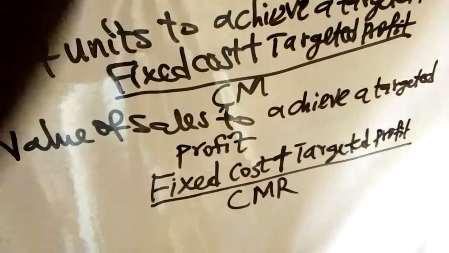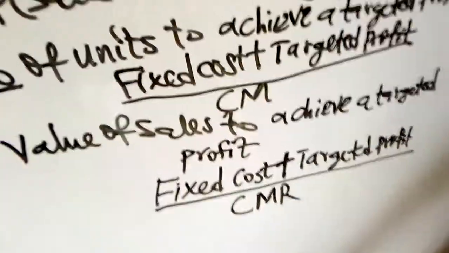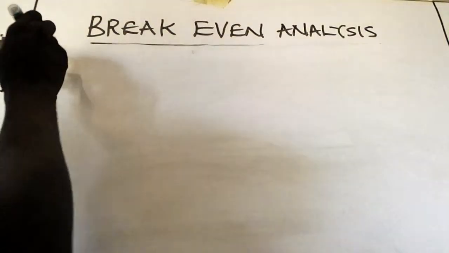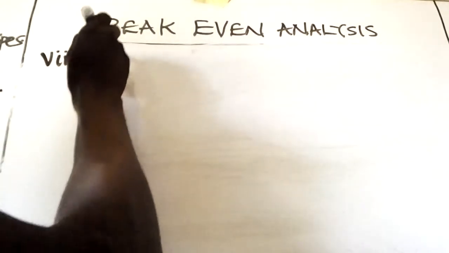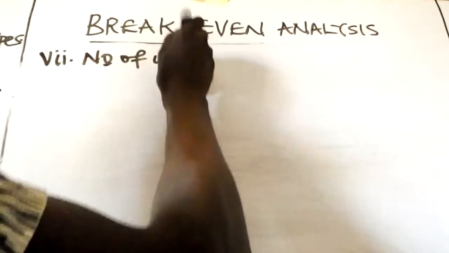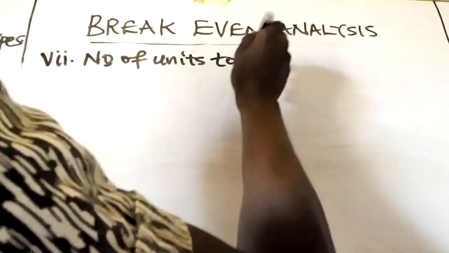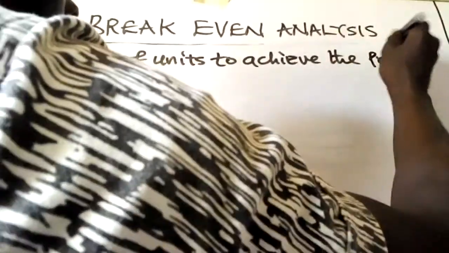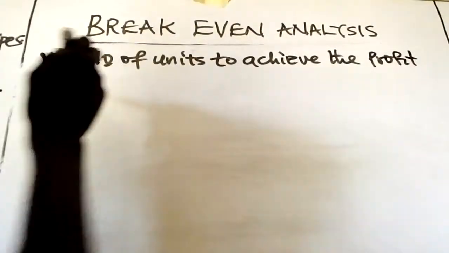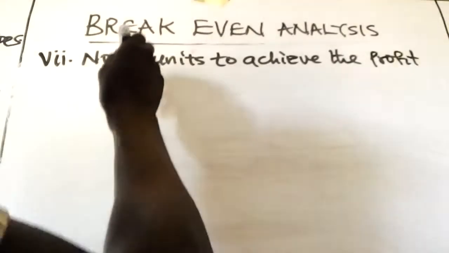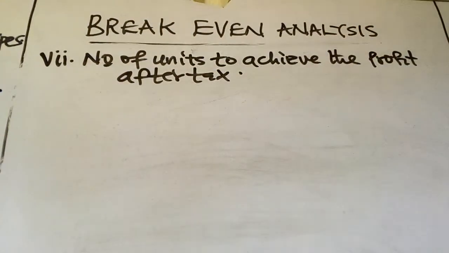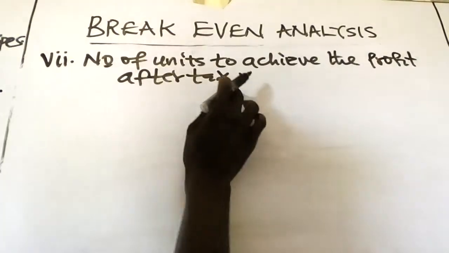Number 7, number of units to achieve the profit after tax.